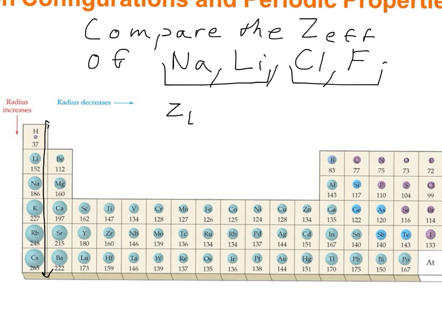So the effective nuclear charge of lithium is going to be greater than that of sodium. Then we compare chlorine and fluorine. They're in the same group. So the effective nuclear charge of fluorine, because it's higher up, is going to be greater than the effective nuclear charge of chlorine.